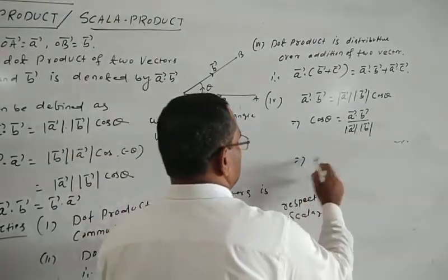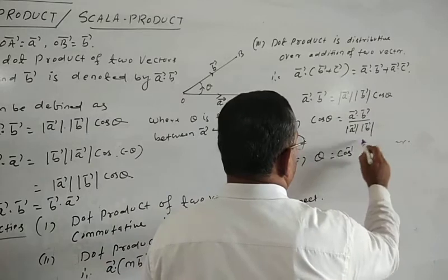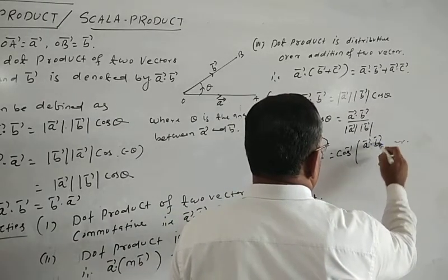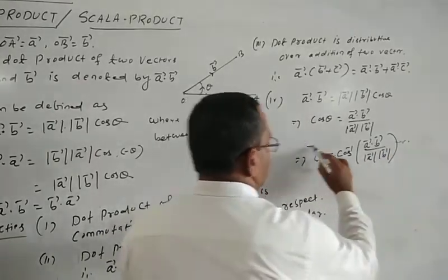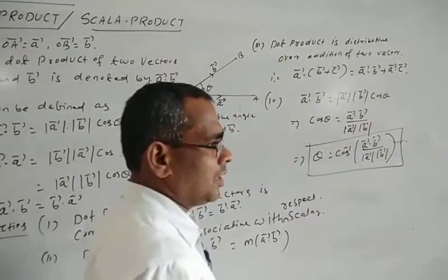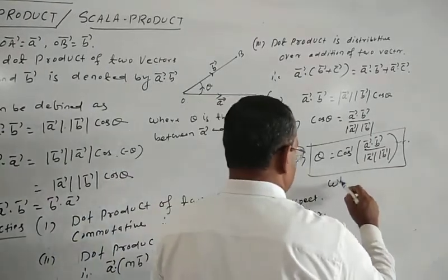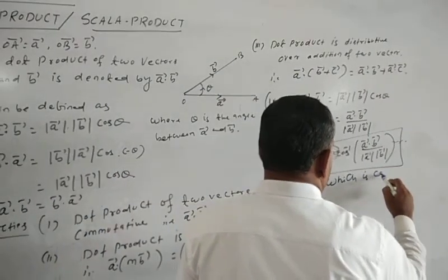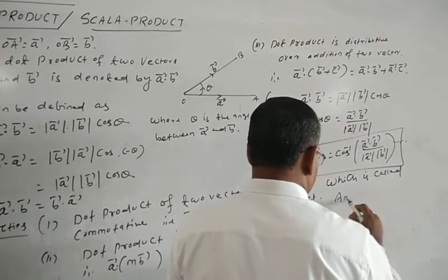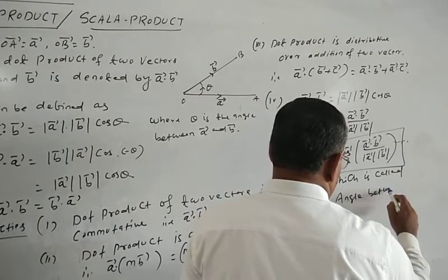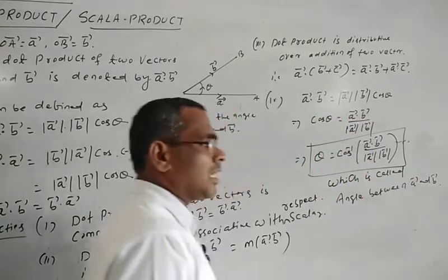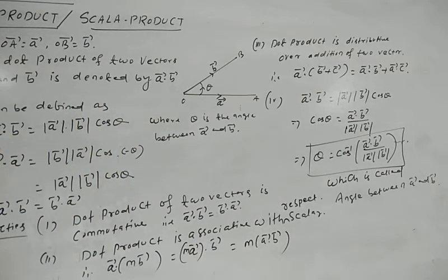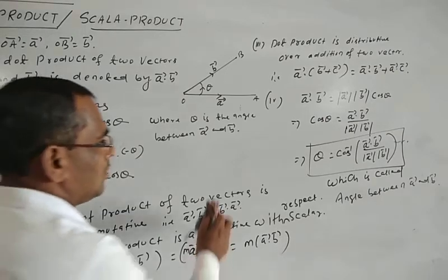That implies theta is equal to cos inverse of A vector dot B vector by A vector magnitude into B vector magnitude, which is called the angle between A vector and B vector. So the angle between two vectors is theta equal to cos inverse of A vector dot B vector by A vector magnitude into B vector magnitude.